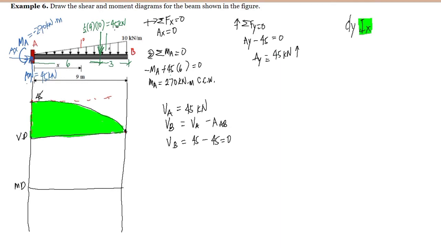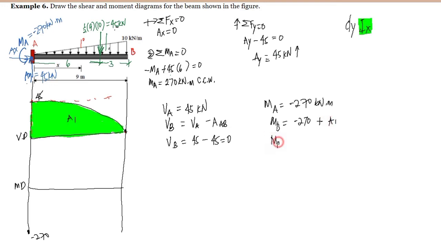How about the moment diagram? For the moment diagram, we have the moment at A is equal to negative 270 kilonewton meter. So we have negative 270 here. And the moment at B is equal to negative 270 plus the area of the shear diagram. I will call this area 1.